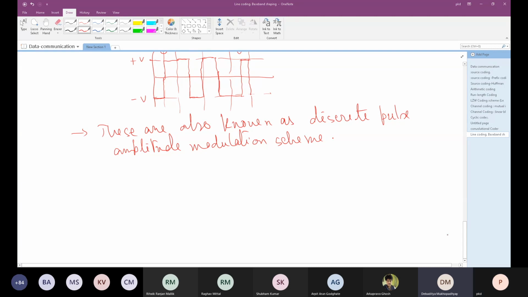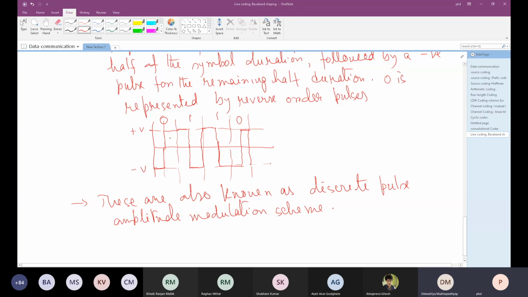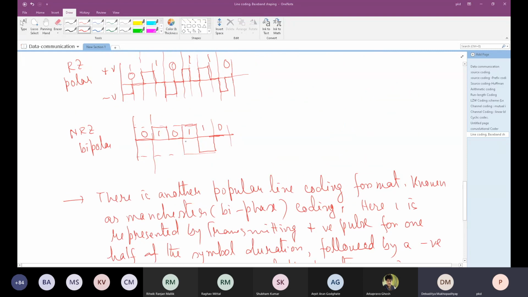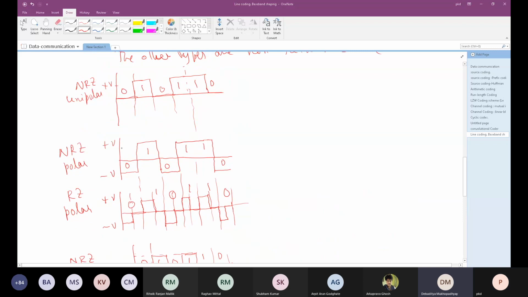Intuitively, we can see that, say for Manchester coding, we have avoided the DC bandwidth because of the polar biphase signaling. Similarly, for non-return to zero bipolar we have also avoided it. Return to zero polar also avoids the DC bandwidth.